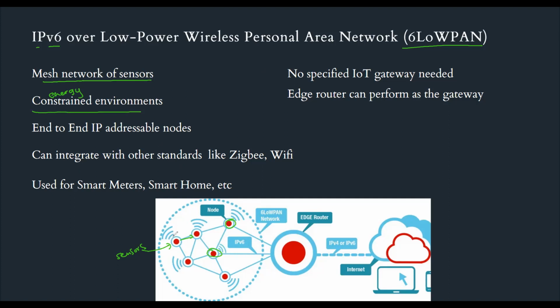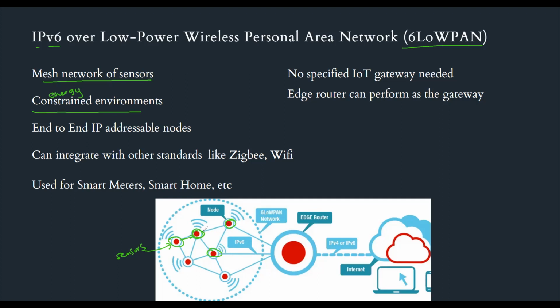That means these sensors are communicating without the support from the main network, right? It is not connected to the main network. It is communicating with each other in short range communications, transferring data to each other, and then it is also forwarding the data towards the network infrastructure.